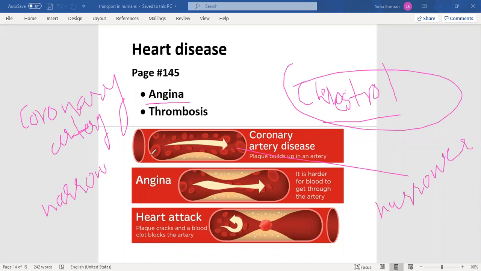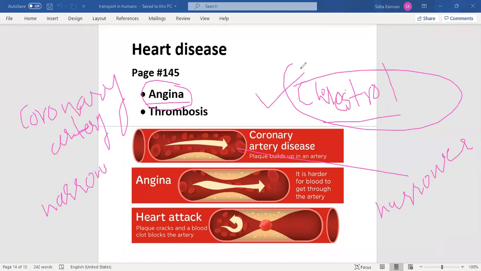Due to that, cramp-like pain spreads around the chest, and that pain is basically called angina pain. The basic reason behind this angina pain is the cholesterol.